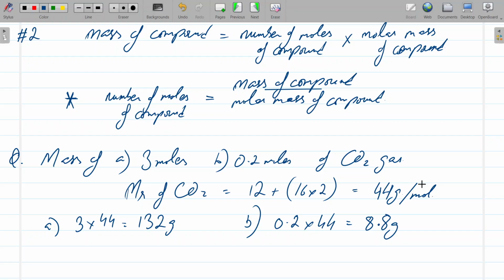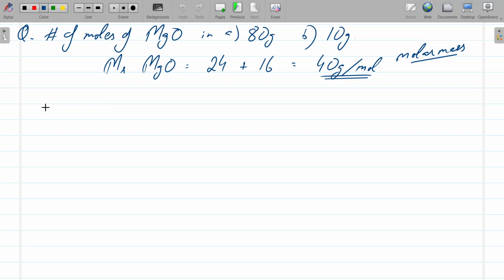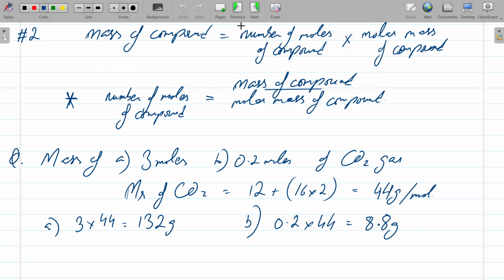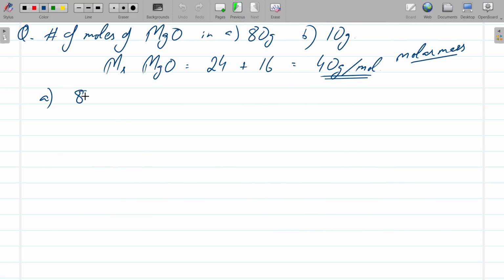And so using that formula, mass of compound divided by molar mass, for part A, that's 80 over 40, and so the number of moles is 2. And for part B, it's 10 over 40, and so the number of moles is 0.25.